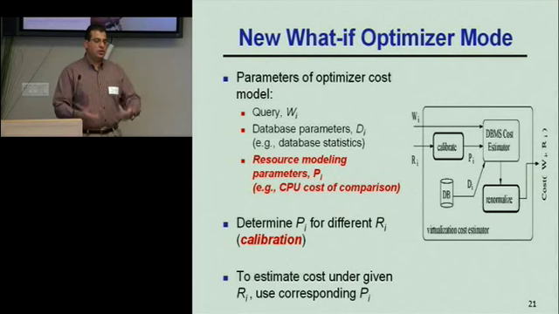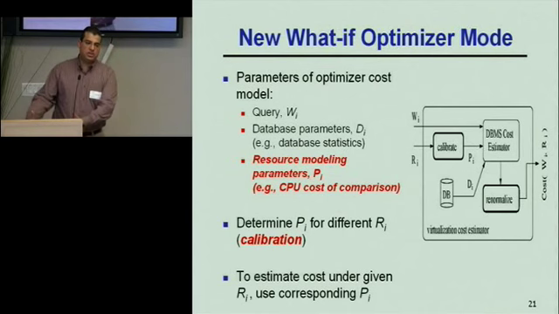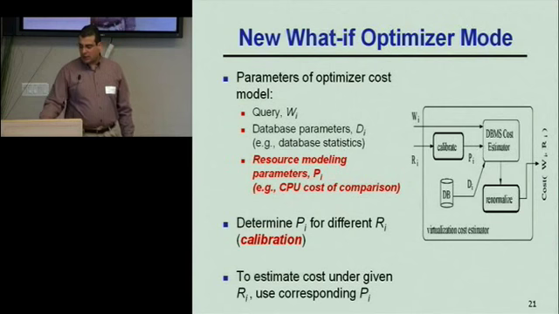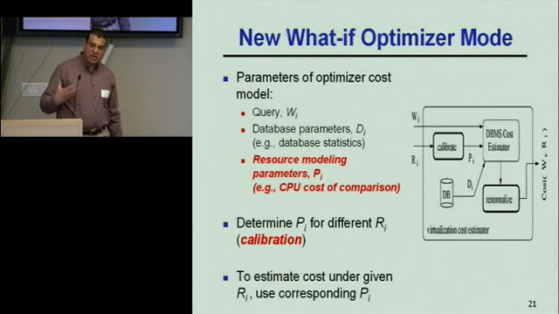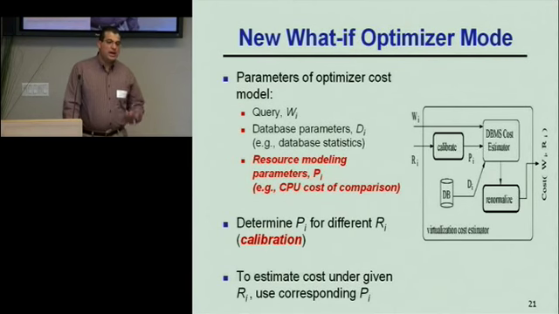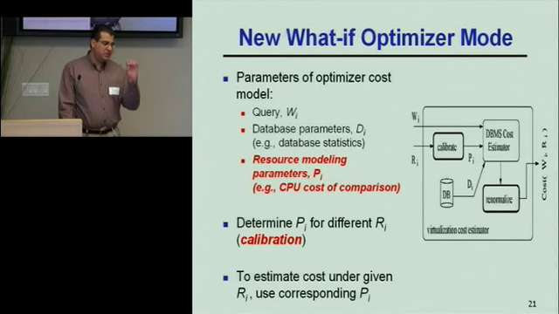So when you install the database system on a new machine, some database systems will look around and see what resources they have and compute these calibration parameters based on measurements of performance on the machine. If they don't, we need to develop a calibration procedure that will be specific to a database system. It will require internal knowledge of the database system, but it will be done once and can be applied on any physical machine that we want to tune for.